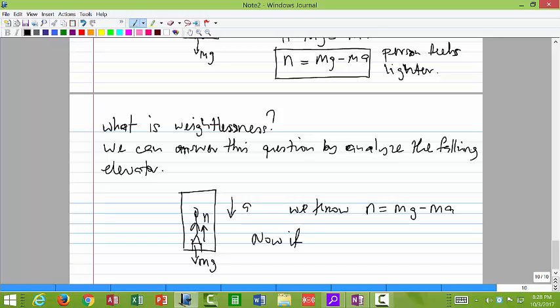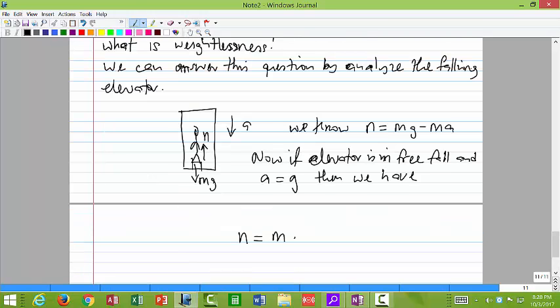Now if the elevator is in free fall and acceleration a is equal to g, then we have N equals mg minus mg, which is equal to 0. This is the condition for weightlessness.